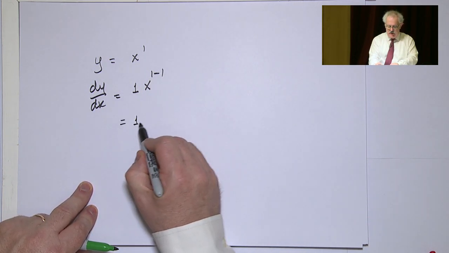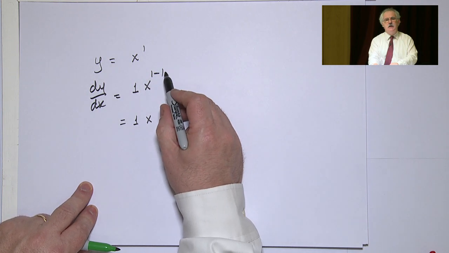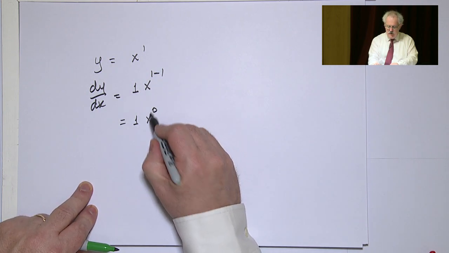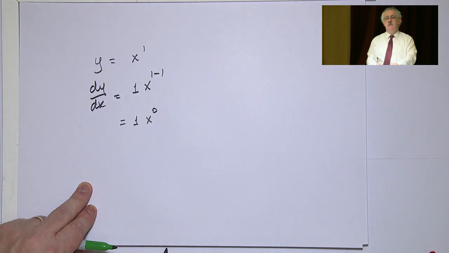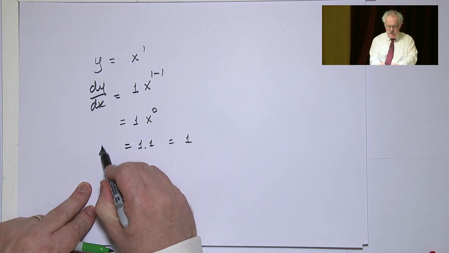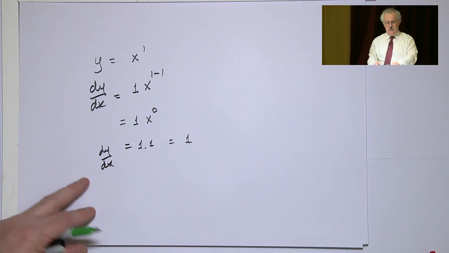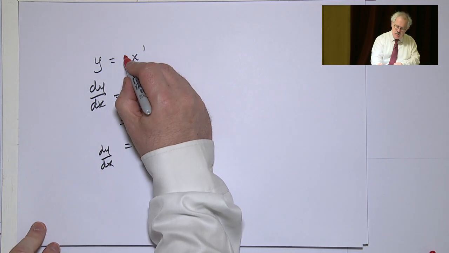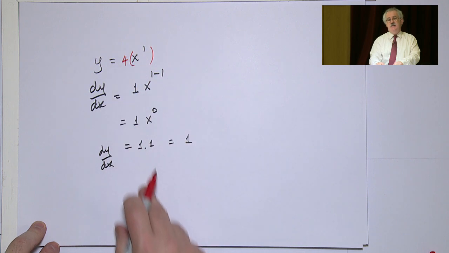So what's 1 minus 1 anyway? 0. And what's x to the 0? 1. 1 times 1 is 1. dy dx is 1. If that was 4, wouldn't everything be 4 times it?